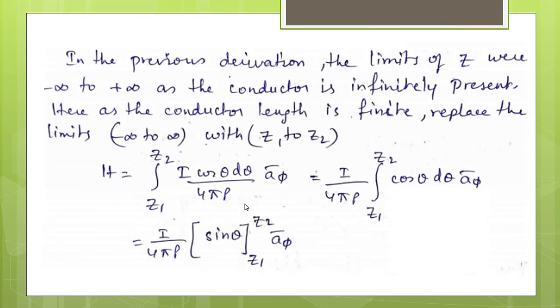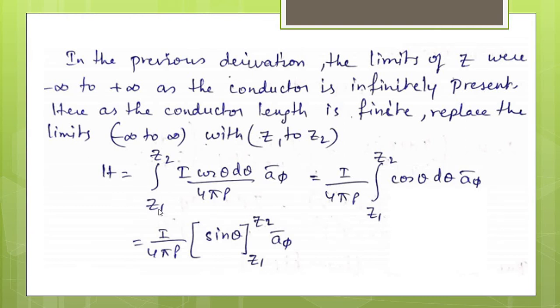So we can simply start the derivation from this step. The limits of z were minus infinity to plus infinity in the previous case. But here, as the conductor is of finite length, we can simply replace the limits minus infinity to plus infinity with z1 to z2.